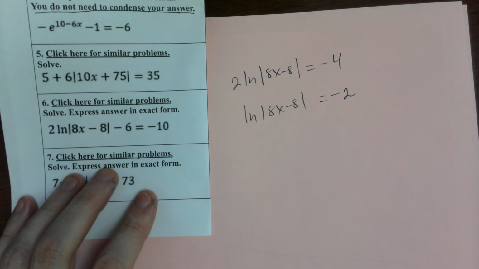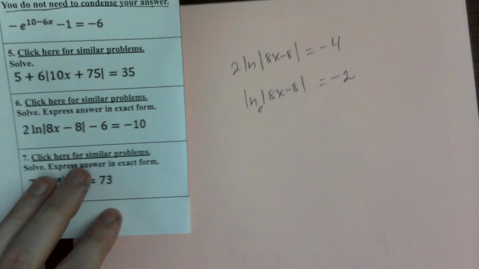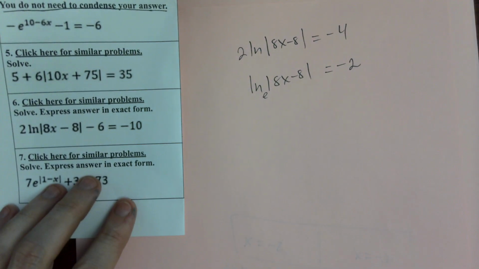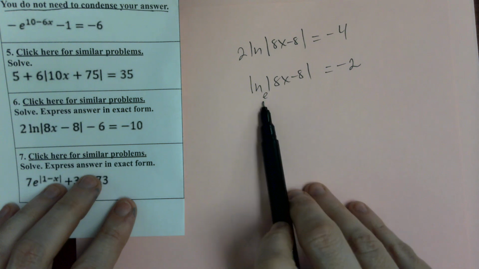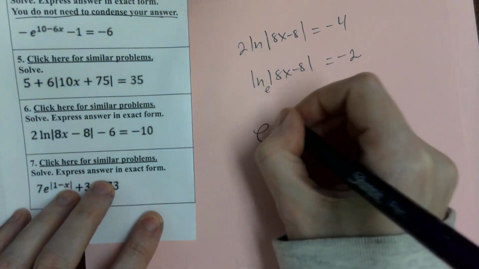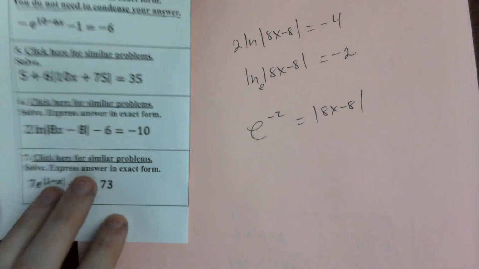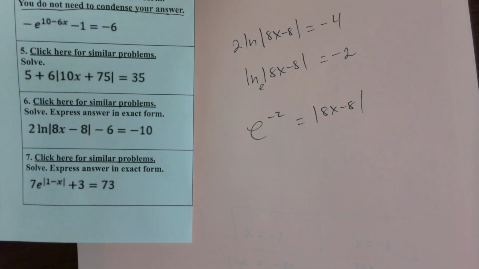Okay. So this is the base. So we're going to convert to exponential notation. So e is the base, -2 is the exponent, and then what's inside of the log is the answer.